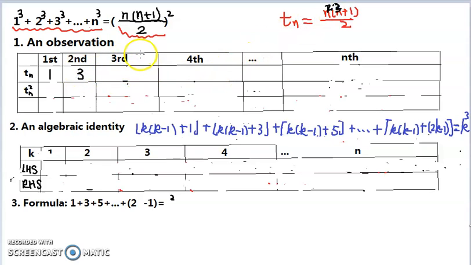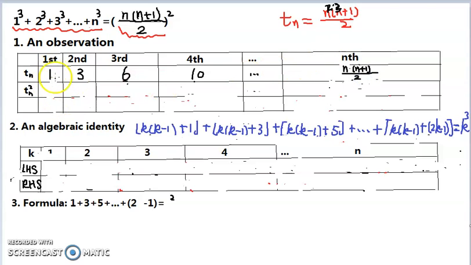And then plug 3 in here. We know that we can get a 6. And if you replace the n with 4, 4 times 5 divided by 2 gives us 10. So we can apply this formula continually and we're going to get all the triangular numbers. In general, the nth triangular number is n times n plus 1 divided by 2.